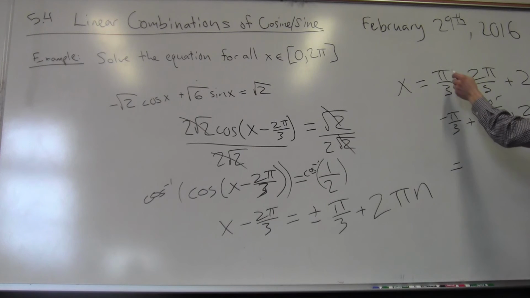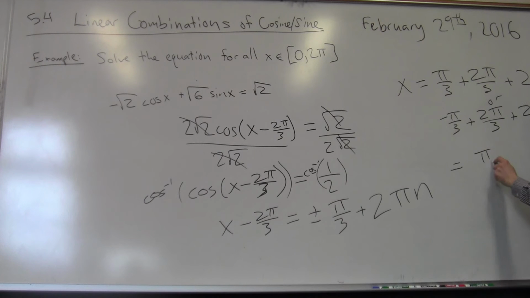This first one, 1/3 plus 2/3 is 1 whole, so we get pi plus 2 pi n. And then negative 1/3 plus 2/3 is positive 1/3, pi over 3 plus 2 pi n. So for the numbers between 0 and 2 pi, we can plug 0 in, and that gives us pi, and 0 into this one gives us pi over 3.